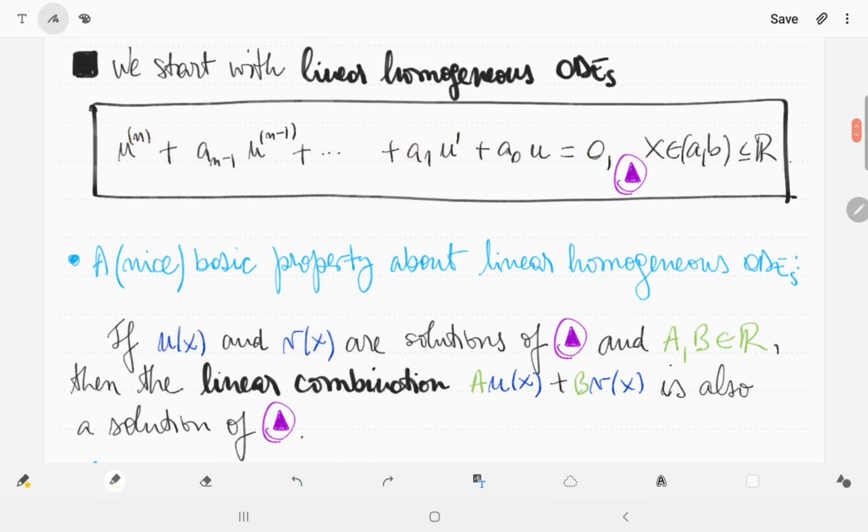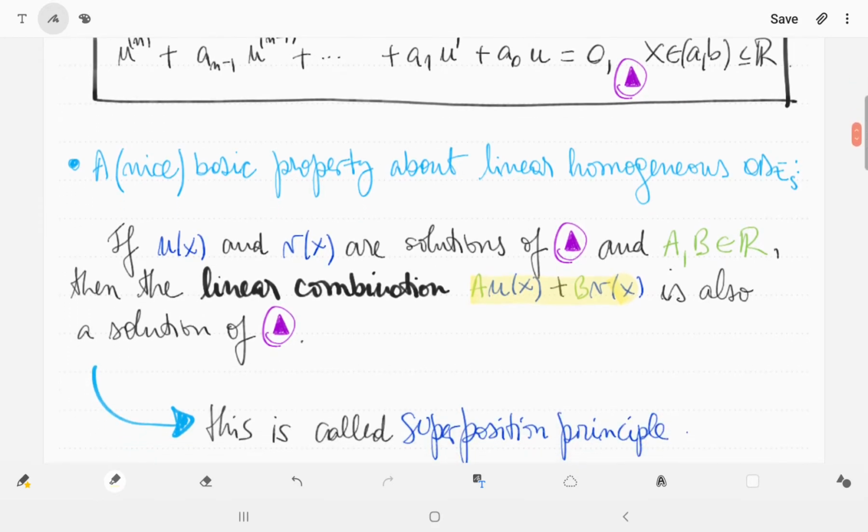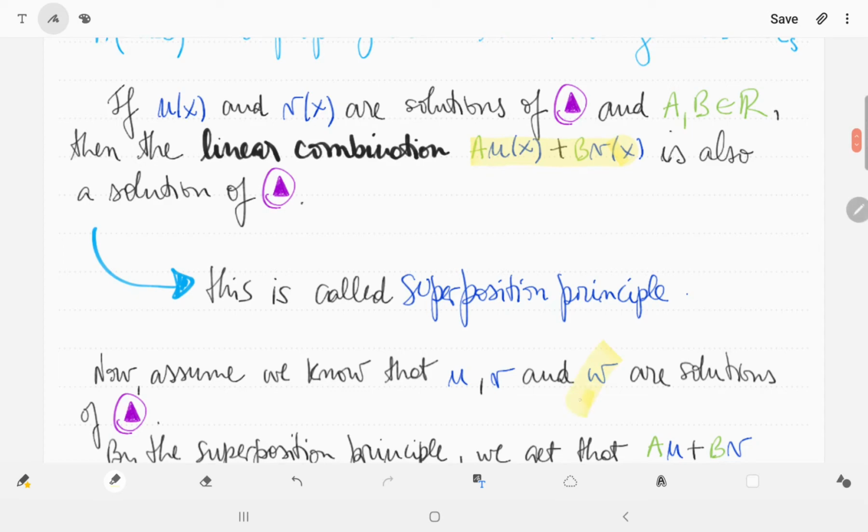Okay, but now imagine that I have these two solutions, u and v, sorry. Now I know that any combination is a new solution, let's say 5 times u plus 6 times v. But someone says, hey, w is also a solution.